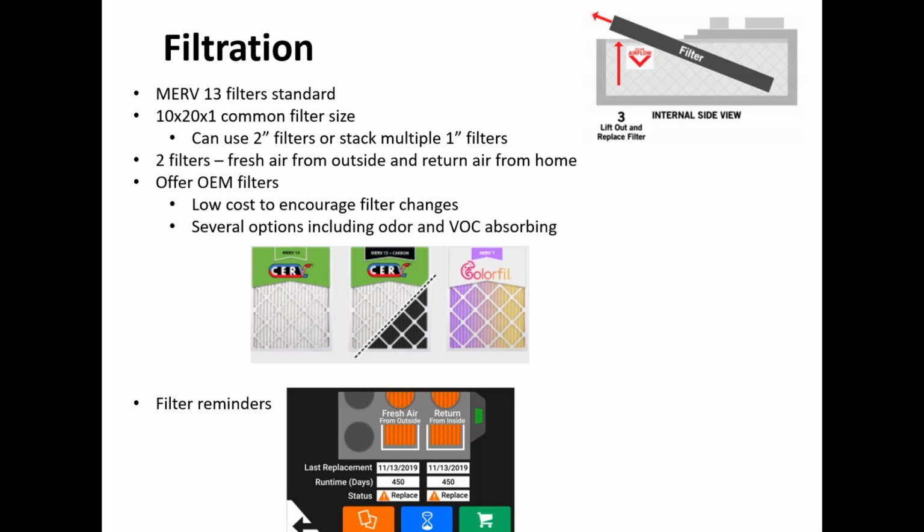And then the system has filter reminders built in, so you can change them according to your preference. Typical recommendation is not going longer than 3 months between filter changes, but you may find you need to change the outdoor filter monthly, while the indoor return filter may be okay at that 3-month interval, but you can set these accordingly.